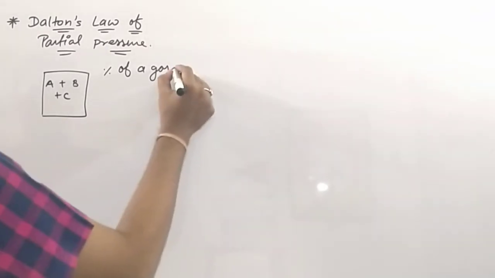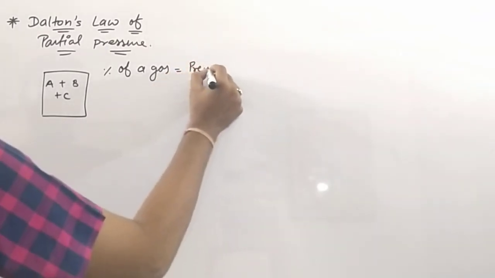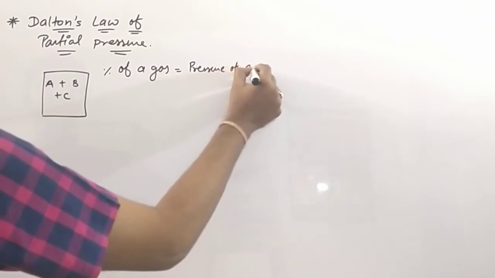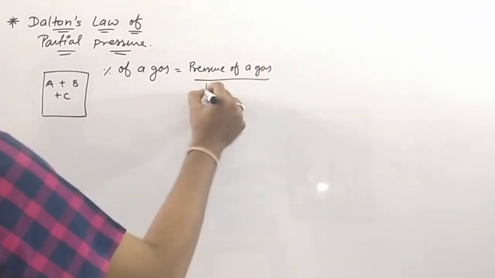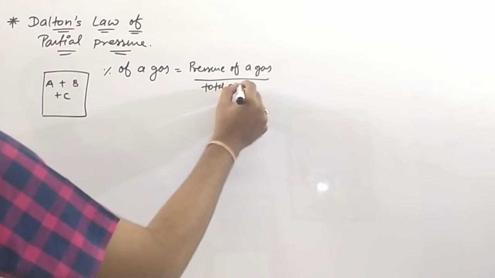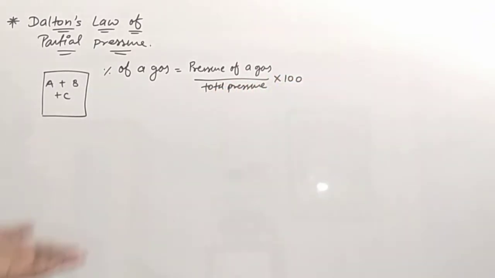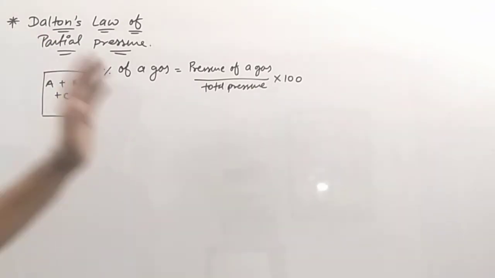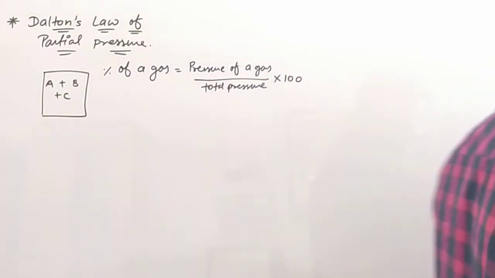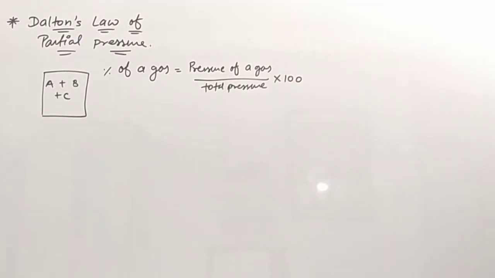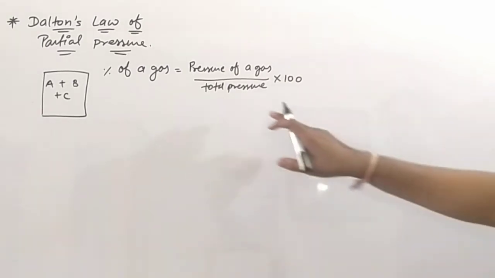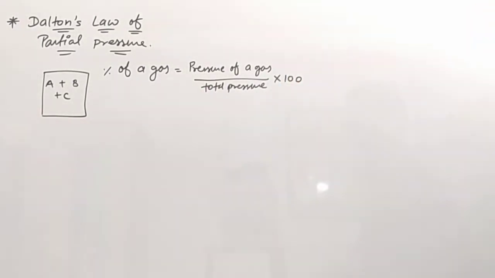So I can simply write this: pressure of a gas upon total pressure into 100. So I will get the percentage. This is simple. So if you want to find the percentage of a gas, my dear student, what you have to remember is that the percentage of a gas is equal to partial pressure of the gas upon total pressure into 100.